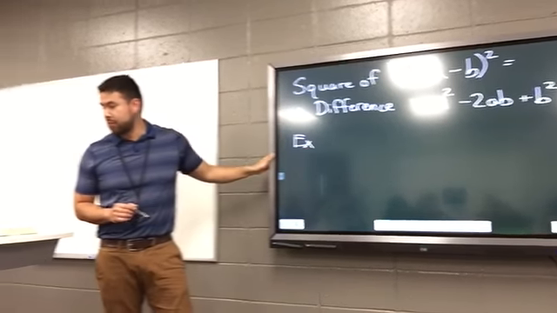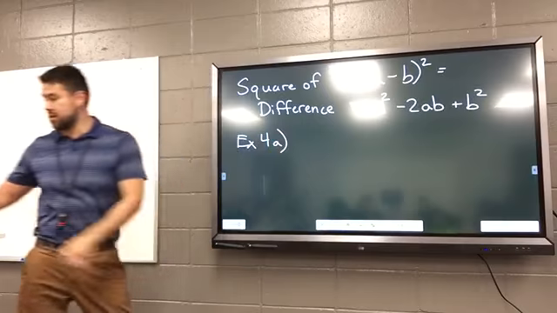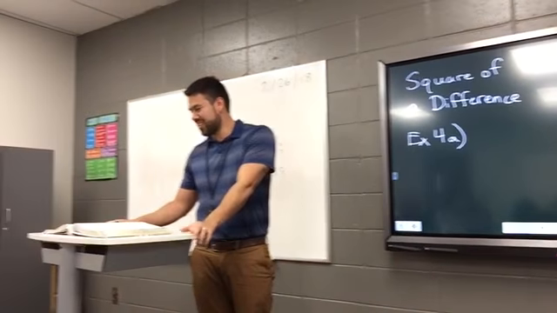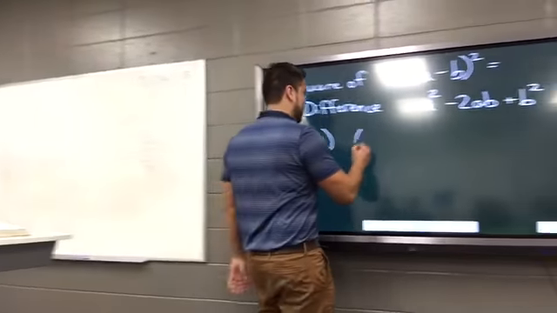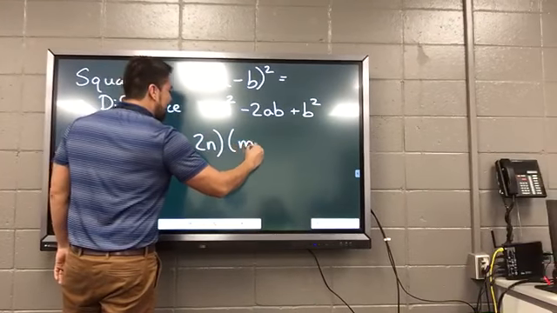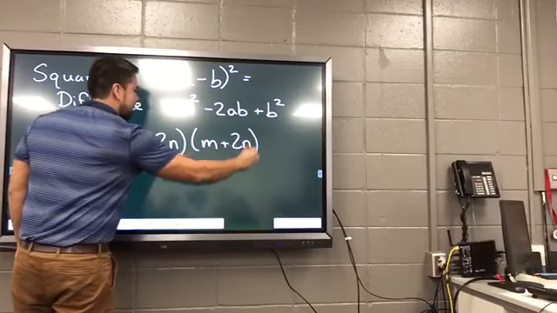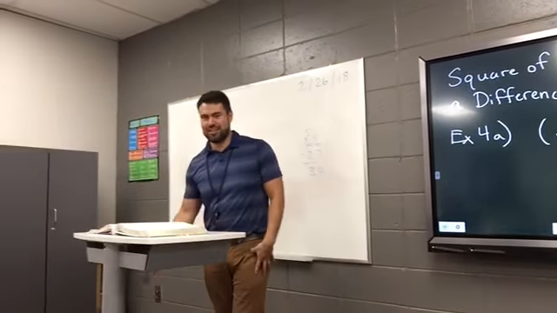Let's look at that example 4a. m minus 2n and m plus 2n. Okay, this is a trick question.